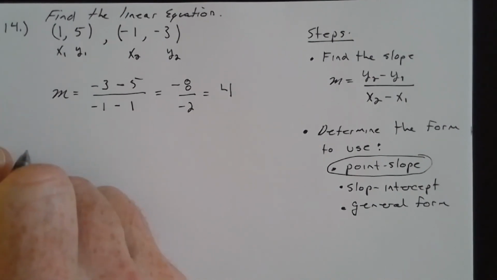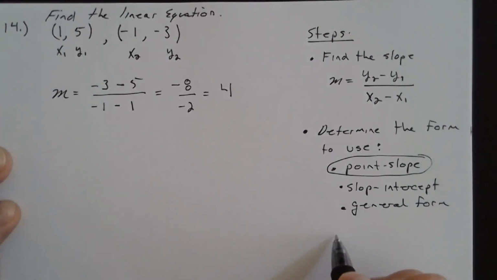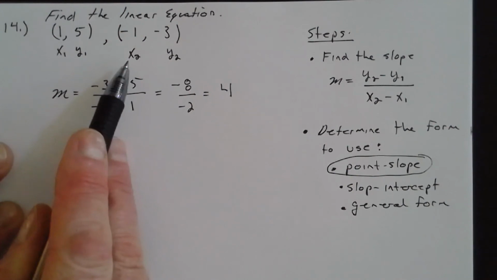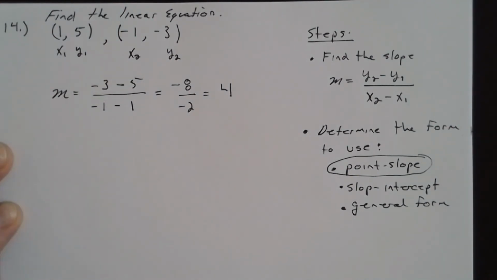So point-slope form is going to be y minus one of these points. Which point do we want to use? Always choose the one with the lower numbers and the one with the most positive numbers.